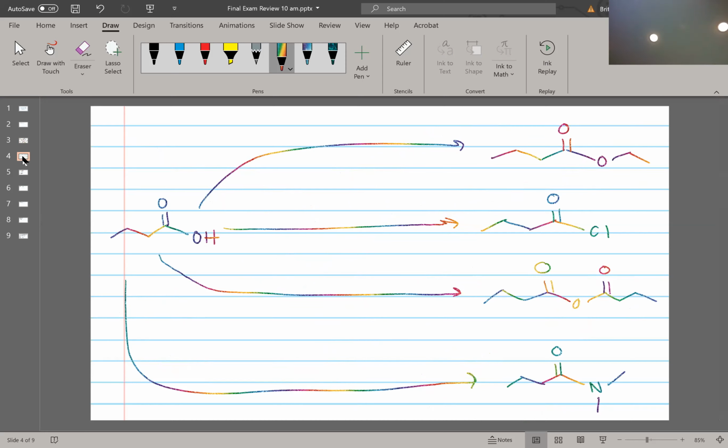So this is basically just taking one carboxylic acid and turning it into a bunch of carboxylic acid derivatives. There are a couple ways to do some of these problems, so we're going to try and come up with as many as we can. To go from a carboxylic acid to an ester, what is one way you could do that?